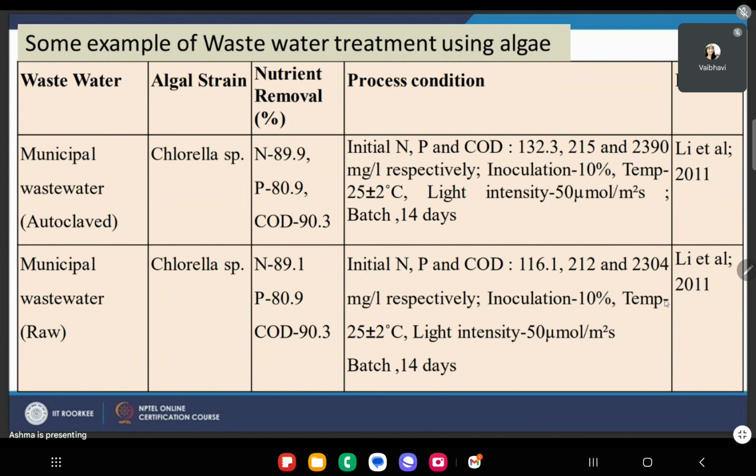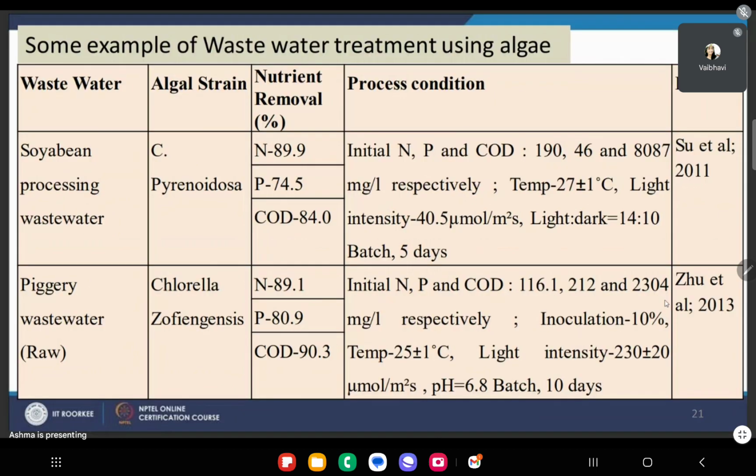Next is municipal wastewater, which is fed raw without any autoclaving. Here the nitrogen removal is 89.1%, phosphorus removal 80.9%, and COD removal 90.3%. Next is soya bean processing wastewater.